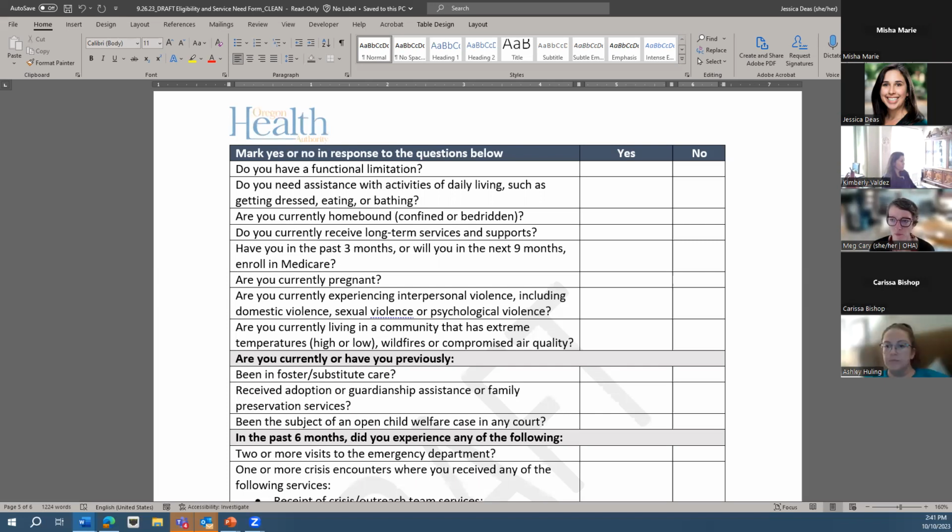Yeah, when I was reading through this, I was thinking, you don't really need a "do you have a functional limitation" question, unless you're going to really define it right there. You kind of need that one or the one below it, and just keep it really simple and not use the jargon. Do you need assistance with activities such as, and give a list of the ones. I can just imagine immediately having to answer, what do they mean by a functional limitation?